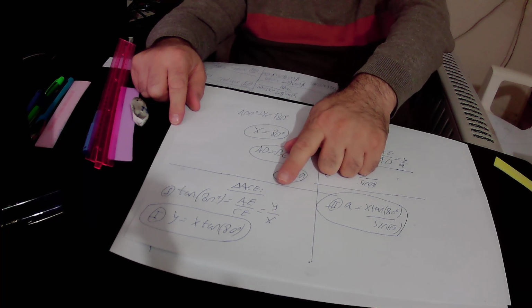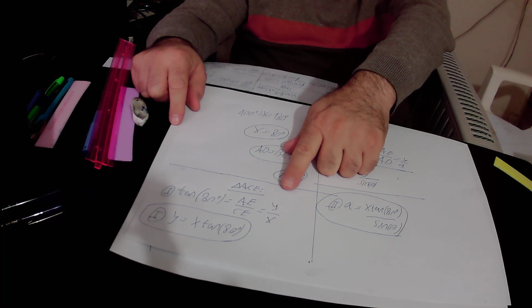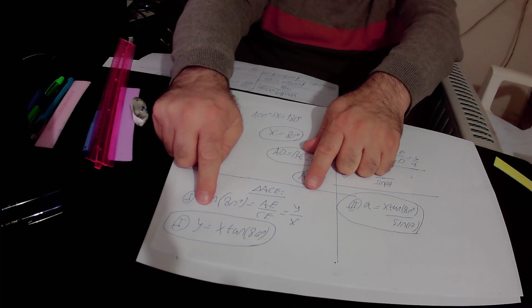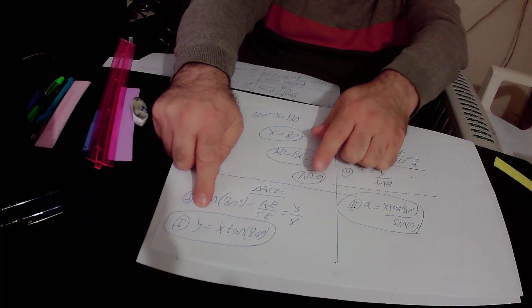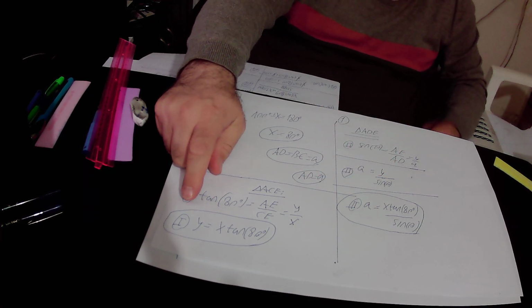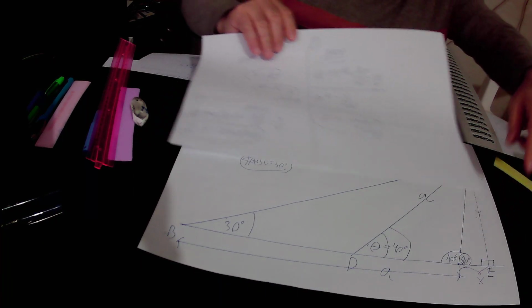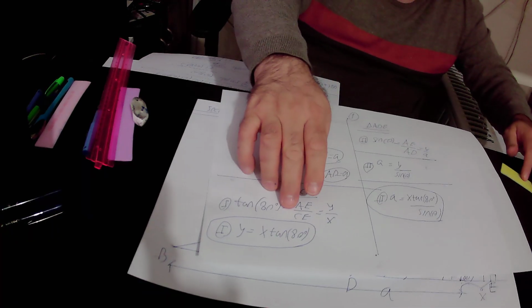So we found out that tangent 80 degrees equals Y over X. We multiplied this equation by X and we got that Y equals X tangent 80 degrees. According to equation number 1, Y, that is actually AE, equals X tangent 80 degrees.